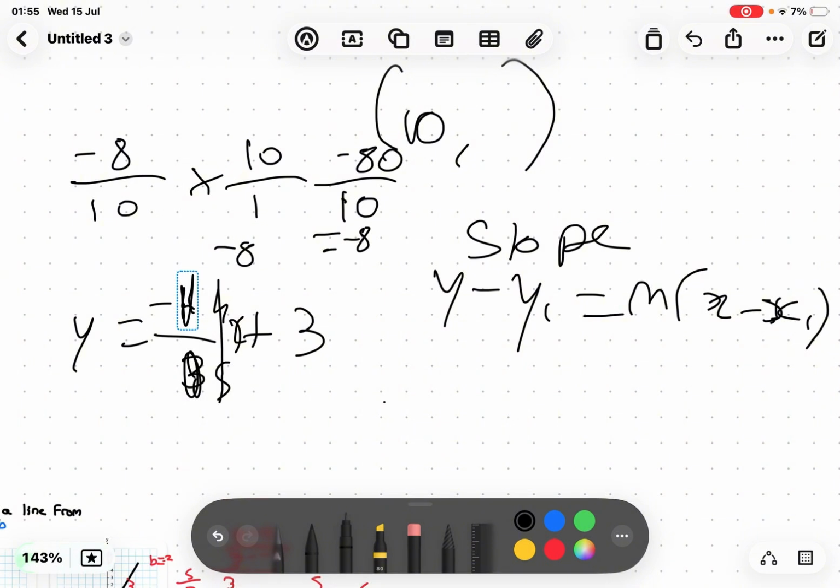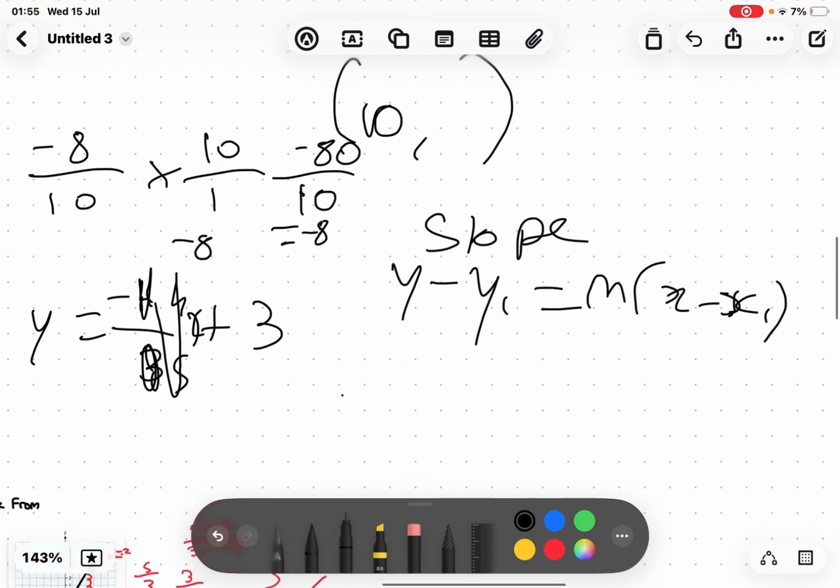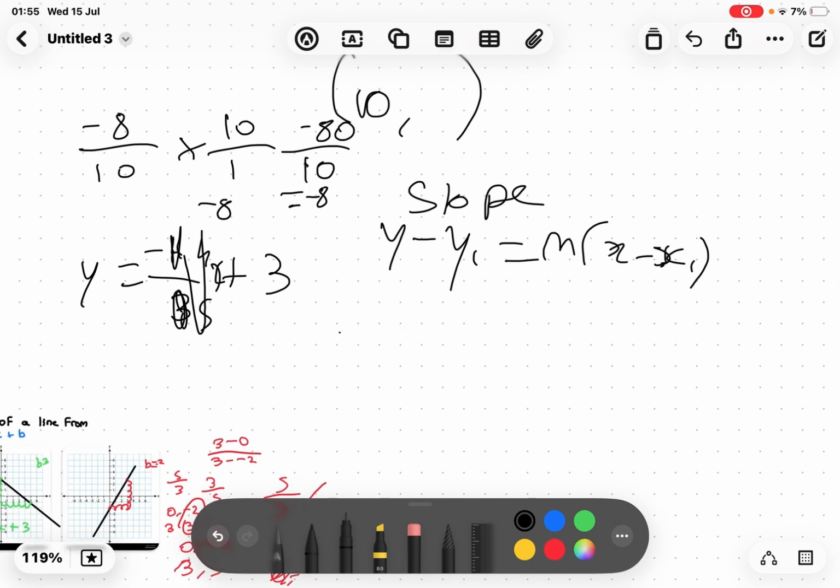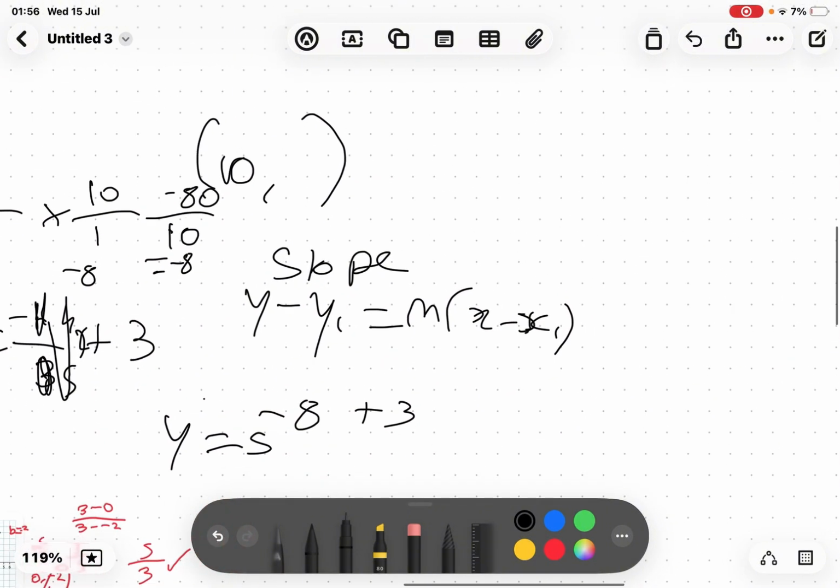Minus 8. And so after that, we know our x, and then plus 3, so y is 5. So then that would be kind of the answer.